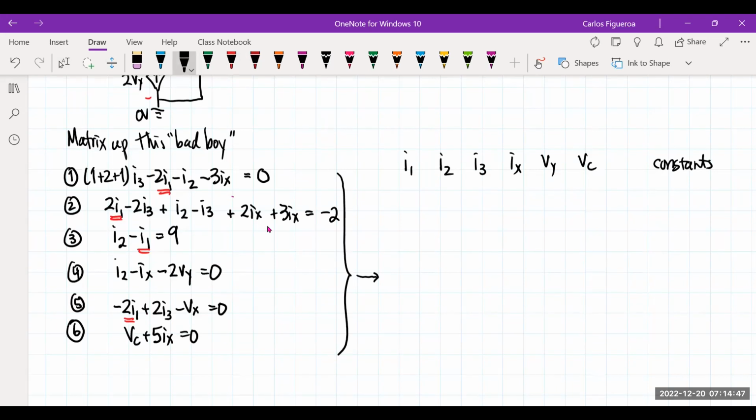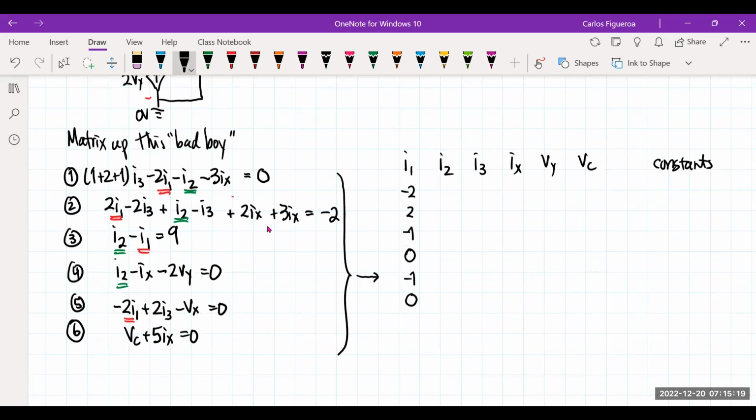So if I look at I1, I'm going to write minus 2, 2, minus 1, 0, minus 1, 0.